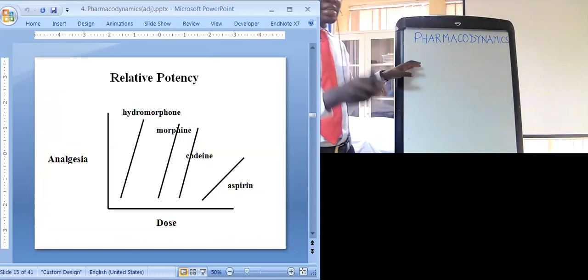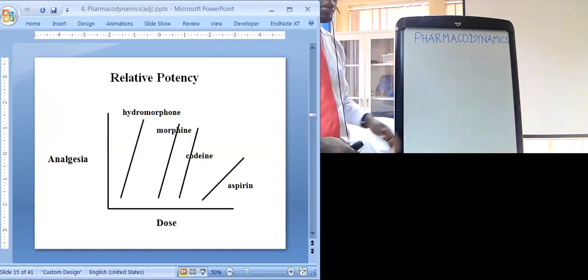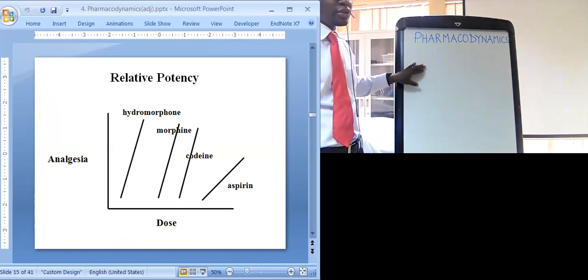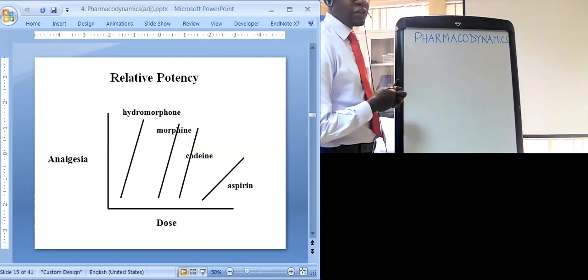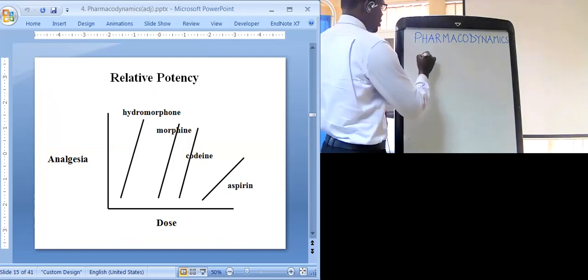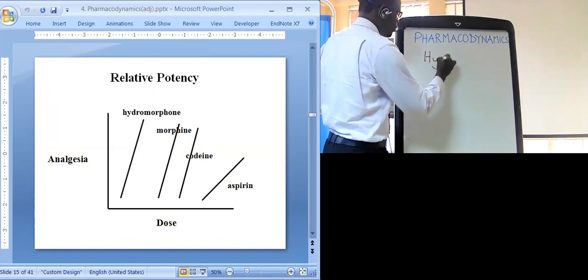All right. So in that slide, we are comparing relative potencies. You can see hydromorphone, morphine, codeine and aspirin.